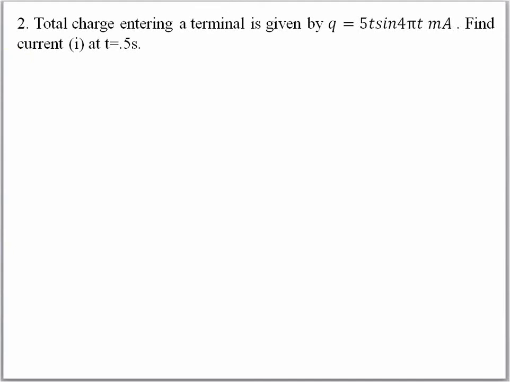Next question: the total charge entering a terminal is given by q equals 5t sine 4 pi t milliampere. Find the total current at t equal to 0.5 second. We know the formula of the current: i equals dq by dt.